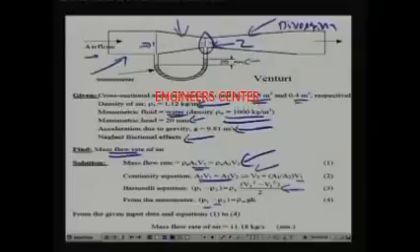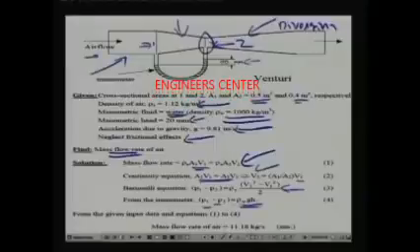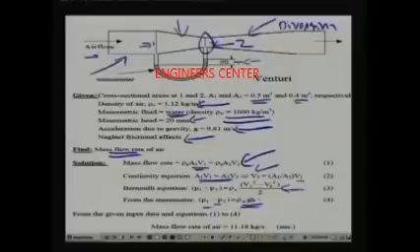So, we can write the Bernoulli equation in this form: P1 minus P2 is equal to rho A into (V2 square minus V1 square) by 2, and P1 minus P2 is nothing but the pressure difference between points 1 and 2, which can be obtained from the manometer reading as rho w g h, where rho w here is the density of the water, g is the acceleration due to gravity, and h is the manometric head. So, if you use the input data and these 4 equations, you will find that the mass flow rate of air is equal to 11.18 kg per second.